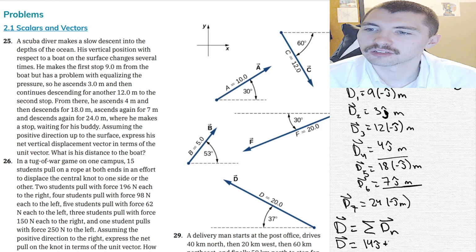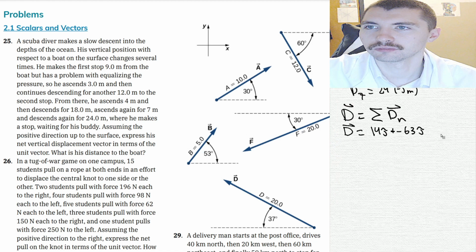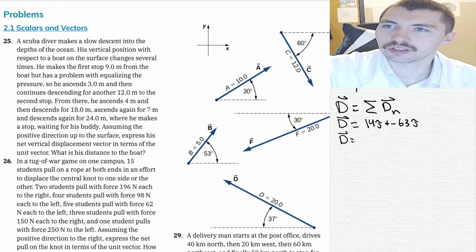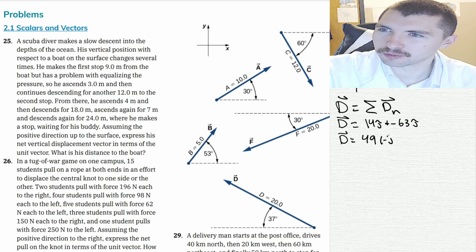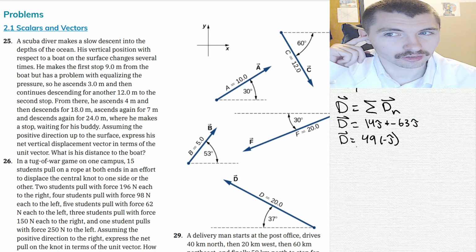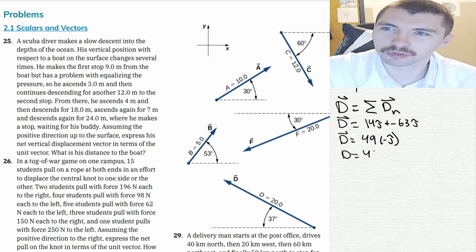So I can rewrite this as negative 63 J. Okay, D is 53 minus 4, 49, negative J. Okay, so his displacement is 49 meters.